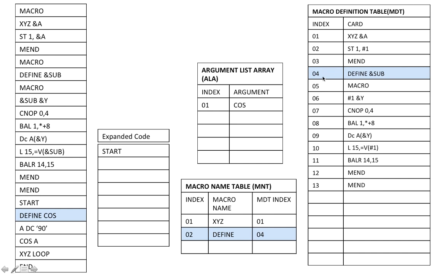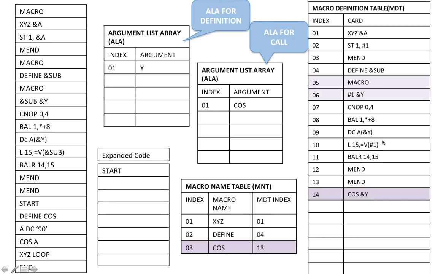Now this is a call. Hence, the expansion will be done, and during the expansion it detects the inner macro which is defined here. For the inner macro which is to be defined, the #1 becomes COS, so COS and ampersand Y, which is the prototype statement, goes to the macro definition table.